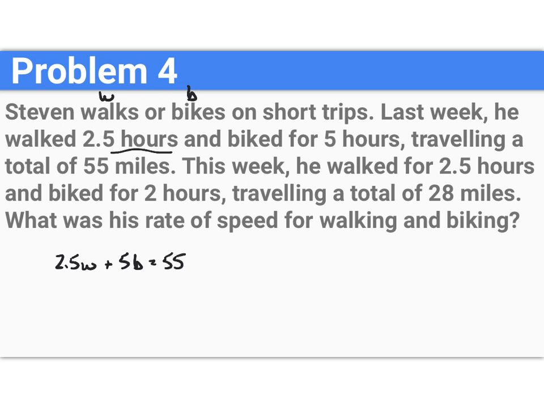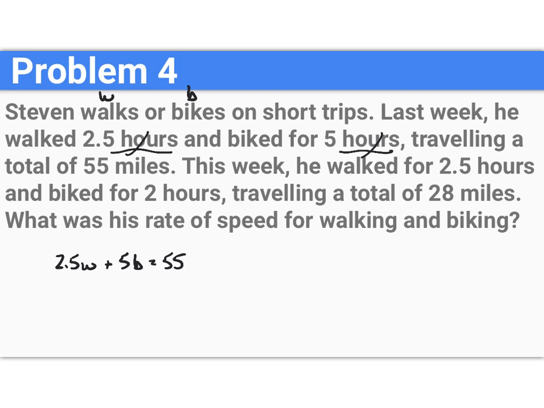Because hours and hours are the same, we ignore the hours because we are looking for our distance. And we'll come to that when we answer the rest of the problem.